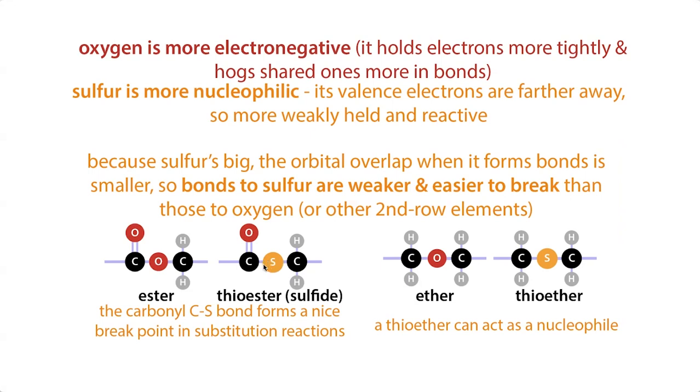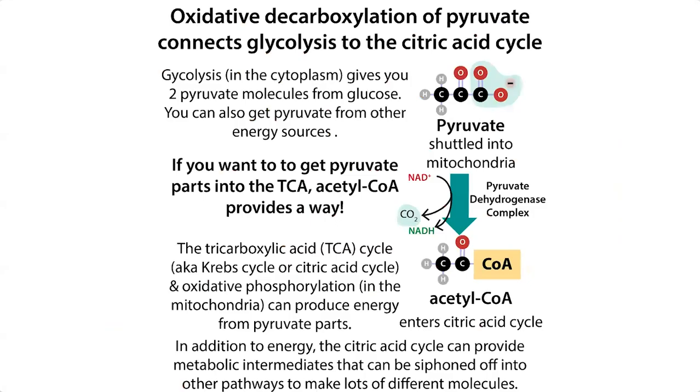So you can have sulfurs swapping each other out, as well as having sulfur make for a vulnerable point at which you can form esters, form amides, and form carbon-carbon bonds. In the case that we saw before, pyruvate gets converted into acetyl-CoA, where we had an acetyl group put on CoA.